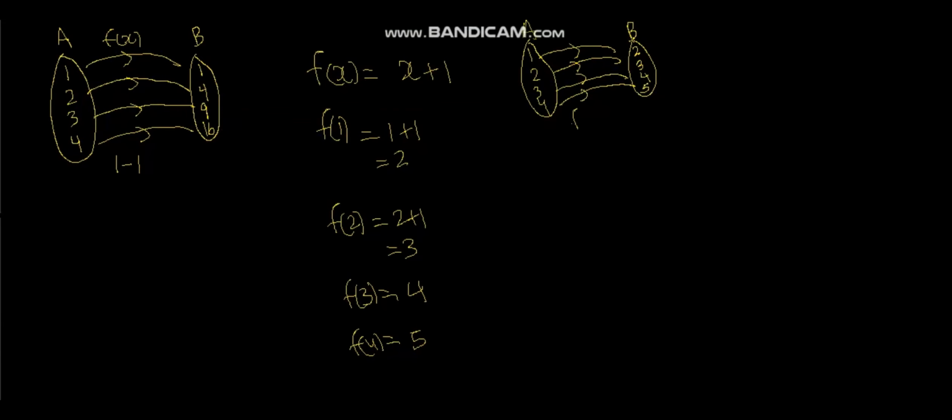And the function in question here is x plus 1. So I would encourage you to think simply of a function as where you input a value and you get a corresponding output.